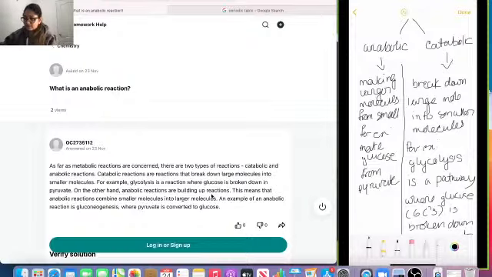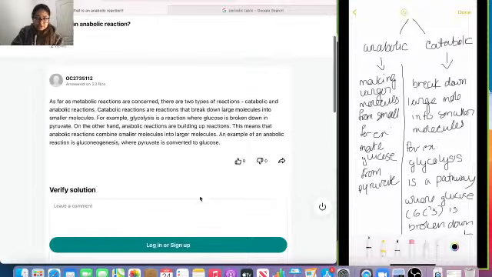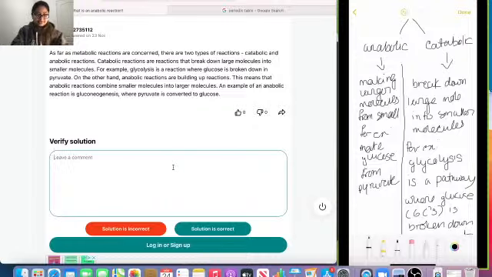They are used interchangeably, whereas our body functions this way. So we use catabolic and anabolic reactions. And okay, anabolic reactions are building up reactions. So yes, this is correct.